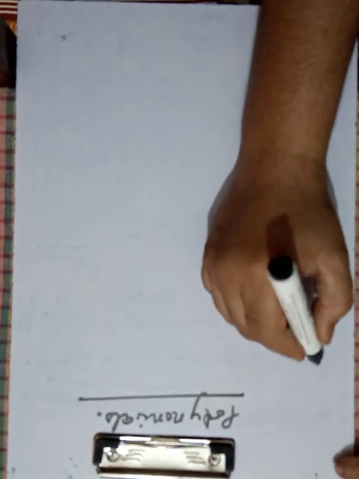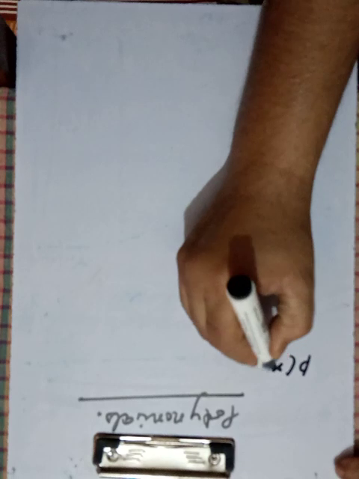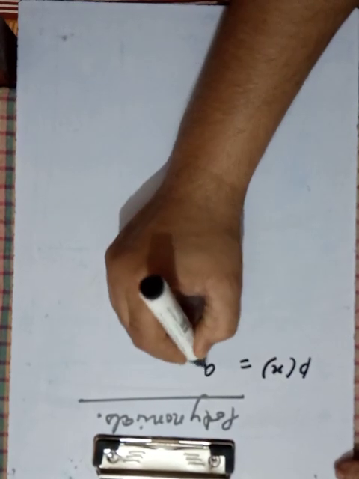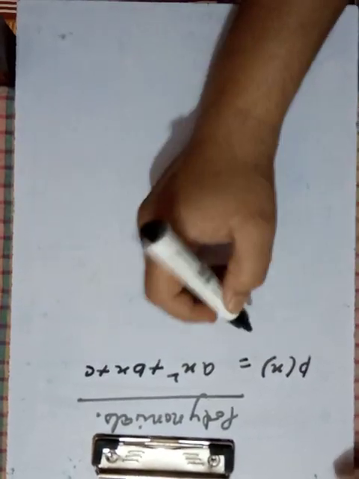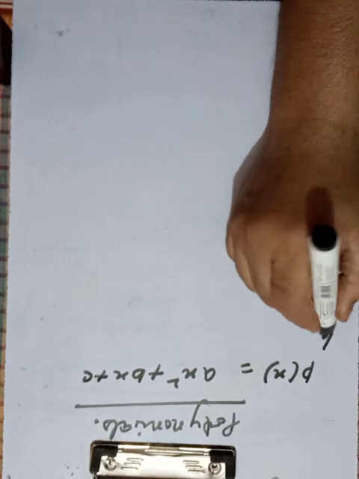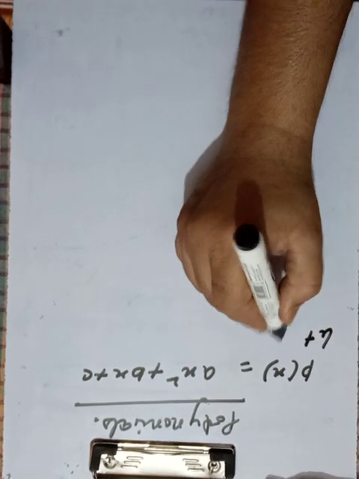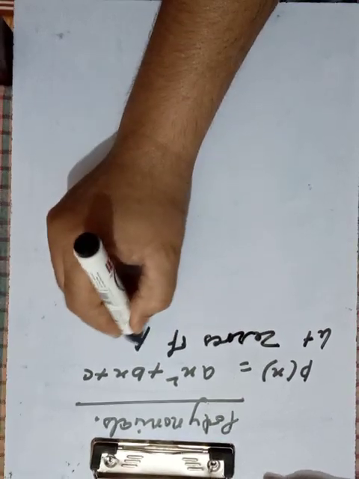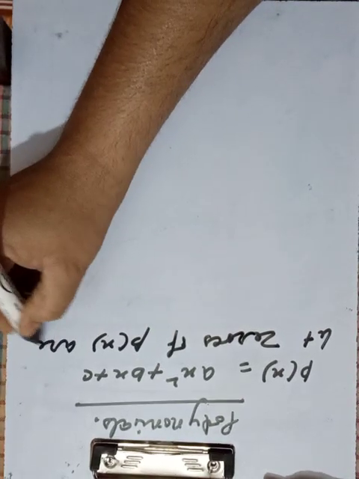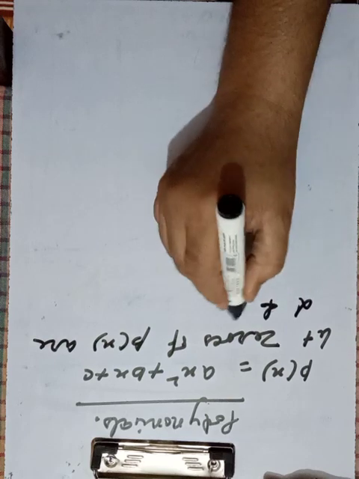So suppose I take a standard polynomial of degree 2, a quadratic polynomial, as ax square plus bx plus c. Let the zeros of p(x) be alpha and beta.